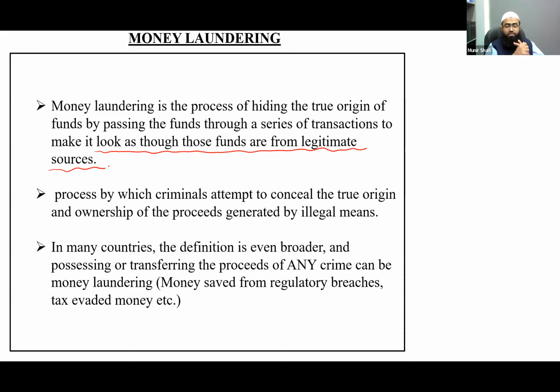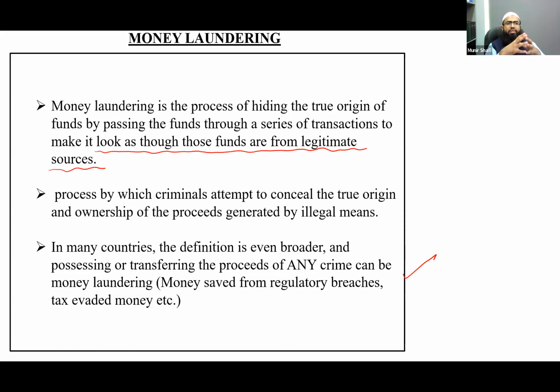So in many countries, the definition is even broader. Possessing or transferring the proceeds of any crime can be money laundering. Money saved from regulatory breaches, tax evaded money. And this is in fact the case.